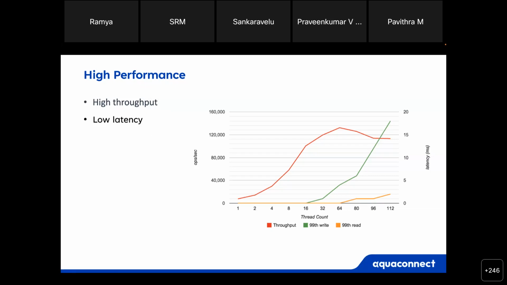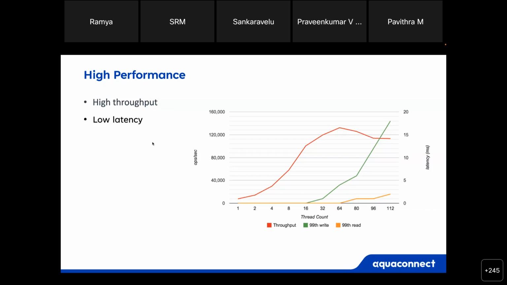For example, if you can handle 1000 queries per second, but another system can handle more queries per second, then it has high throughput. And low latency means the time it takes to get data from the database.